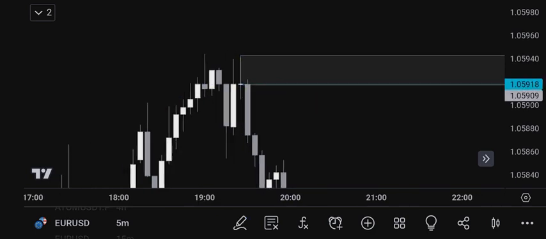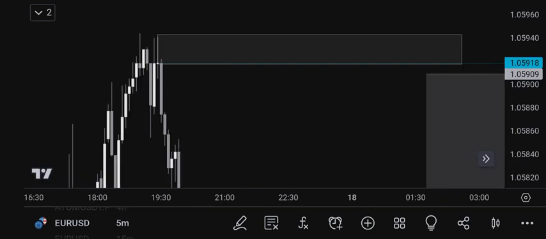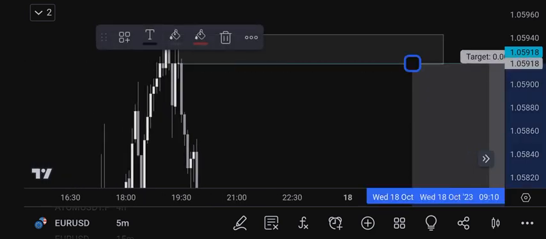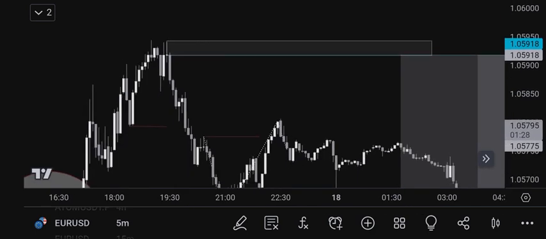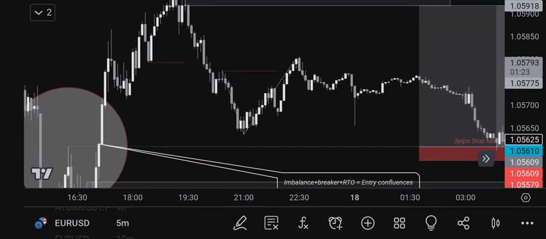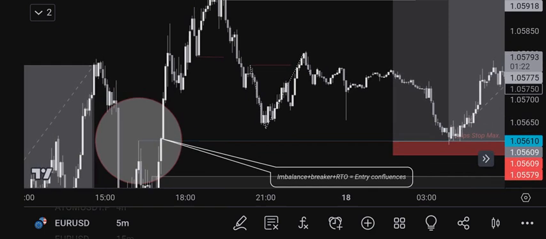This will be my exit, right? But I only trade 10 pips stop, 10 RR. So that was why the entry was practically there.